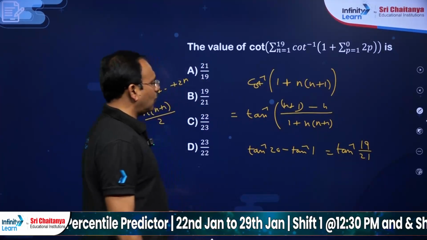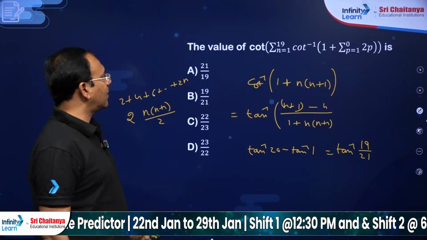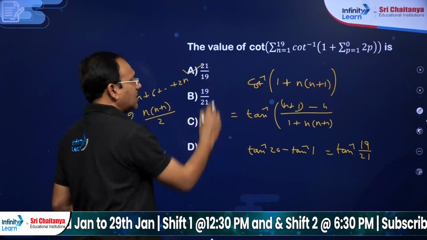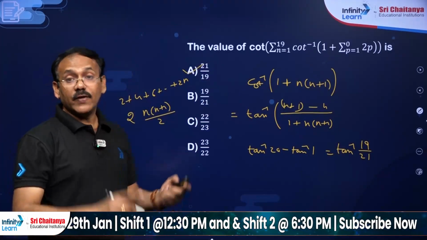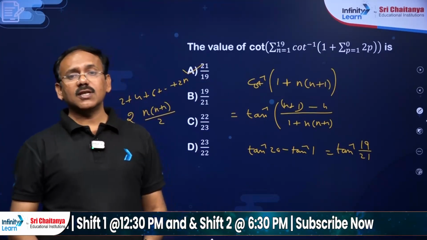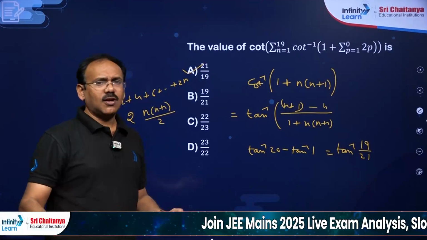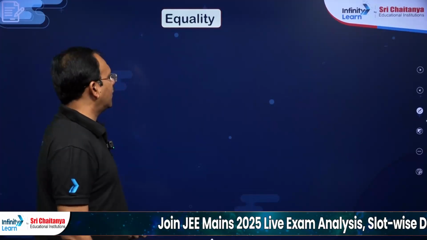So that is cot inverse of 21 by 19, which becomes cot of that, 21 by 19. The same kind of question is given 2 times. For your kind information, all these questions are PYQ mains only, right? So do remember, the questions are not at all difficult, simple and easy, dear friends.